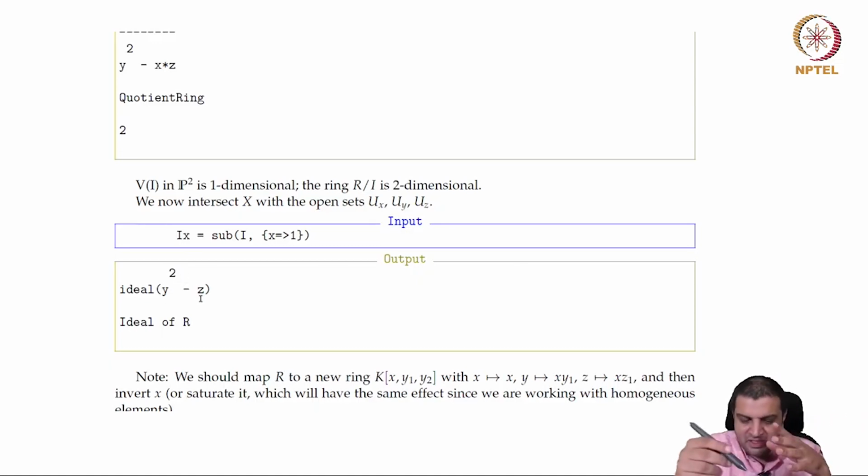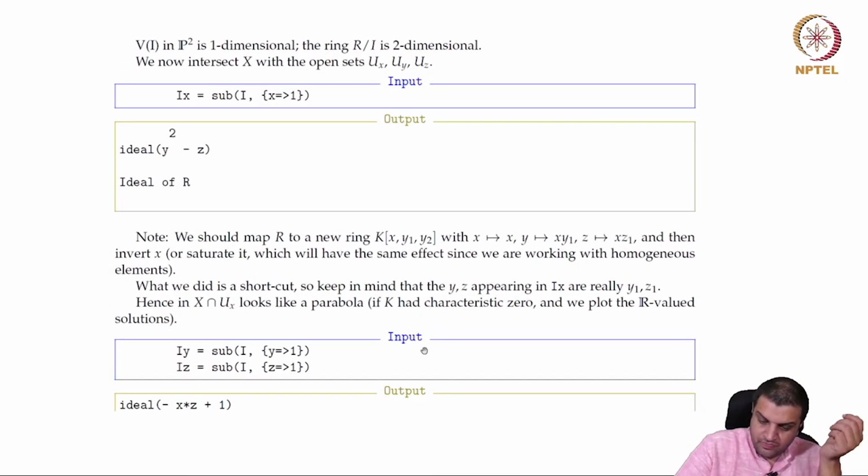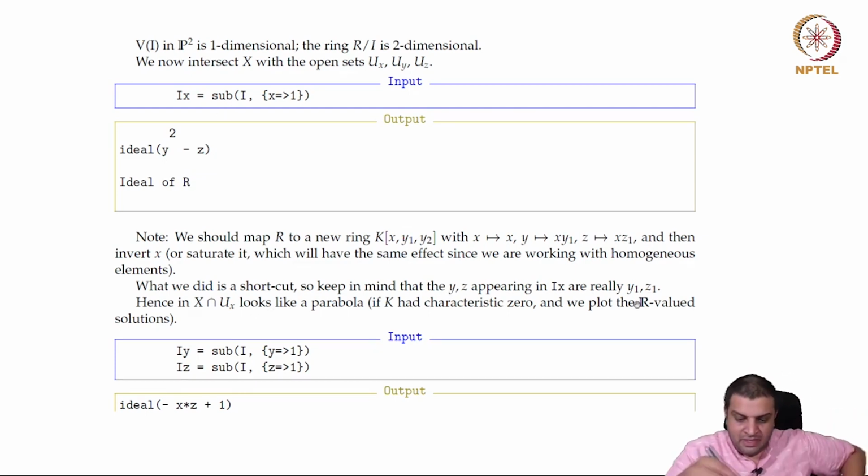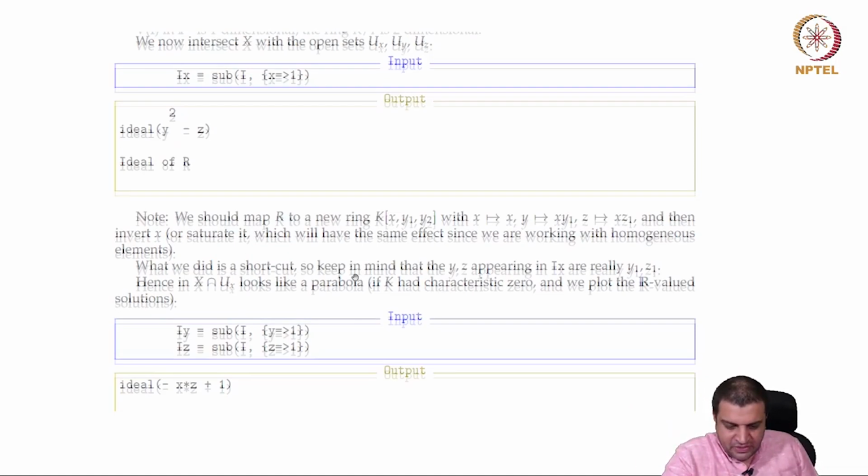So in the real picture, it's a parabola. What we have done here is just a shortcut. The y and z that we see here are really y1 and z1, so keep that in mind. So X intersect Ux looks like a parabola, assuming that we are plotting the real values, but it's only to keep a picture in mind.